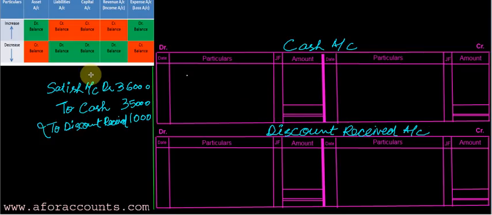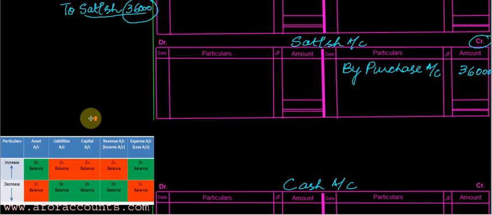See, in Satish account you have to debit by 35,000 plus 1,000, 36,000. Satish account debit to cash to discount received. So go to Satish account.